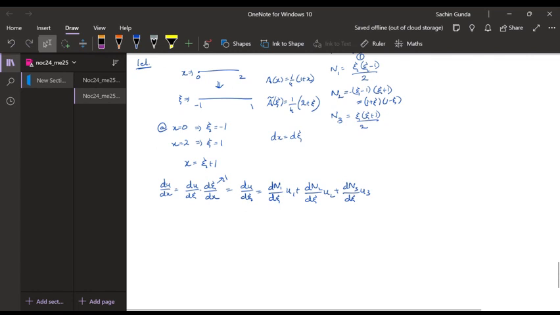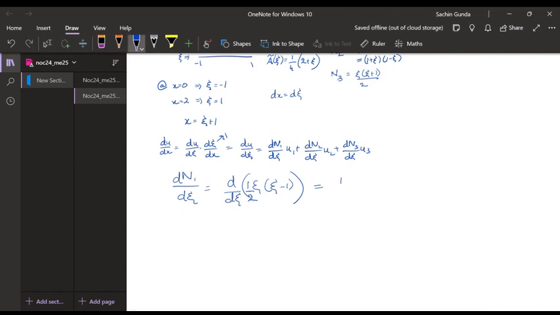Let us calculate the derivatives of the shape functions. dN1 by d zeta, its derivative: half zeta times (zeta minus 1), which will be half of (2 zeta minus 1).